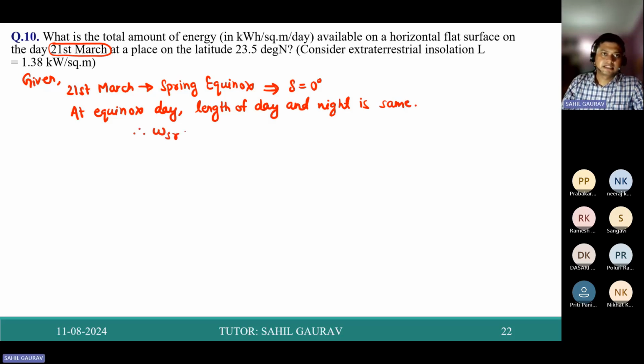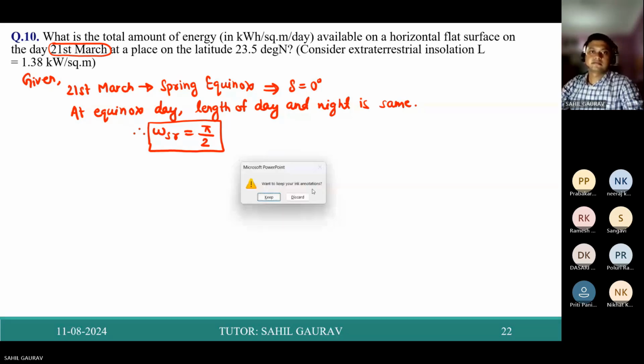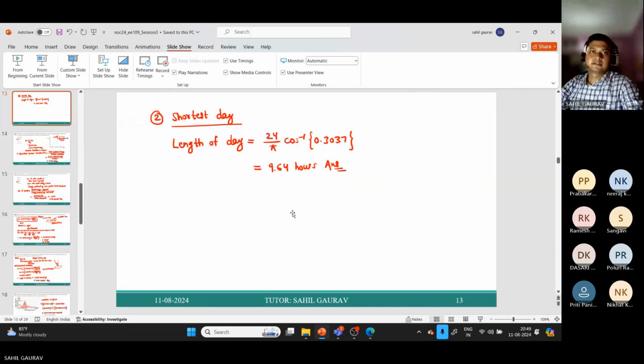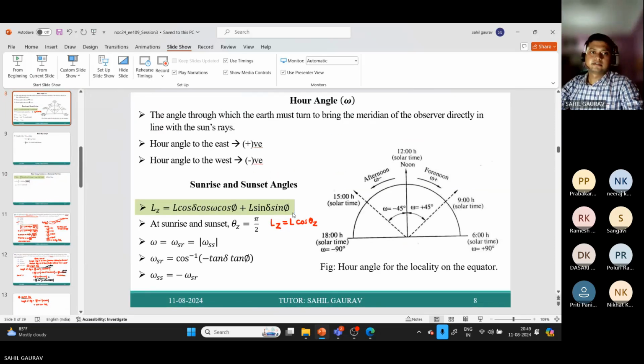Therefore, this omega SR is pi upon 2. So from here also you get this omega SR angle, cos inverse of tan del tan phi.